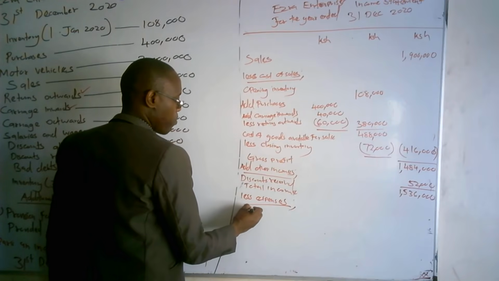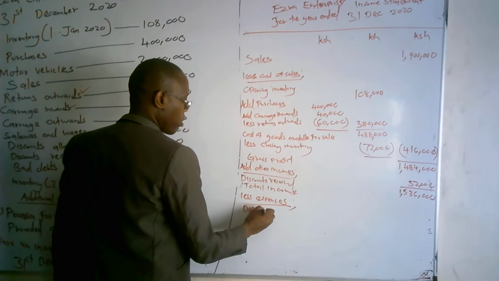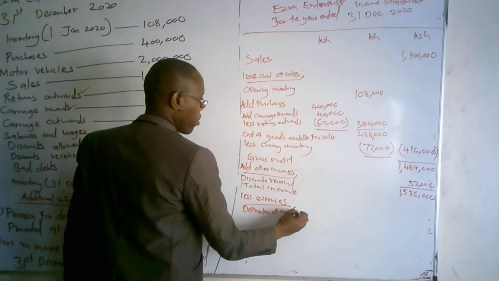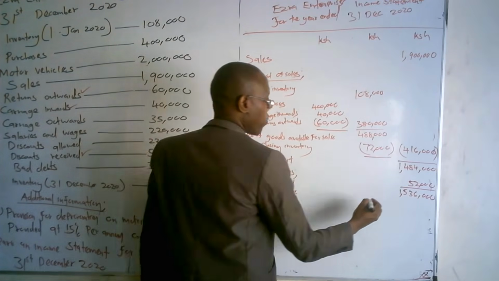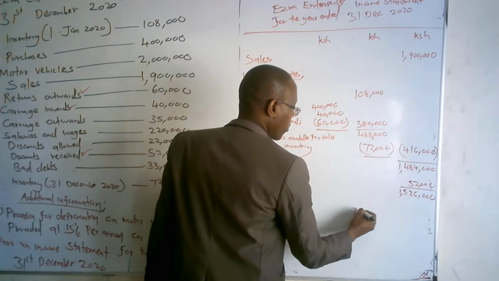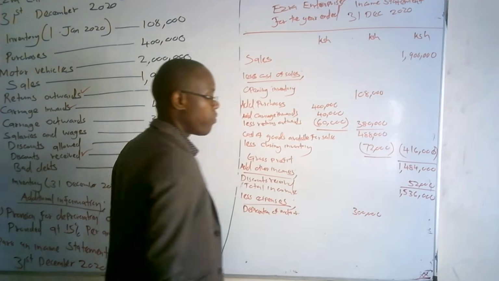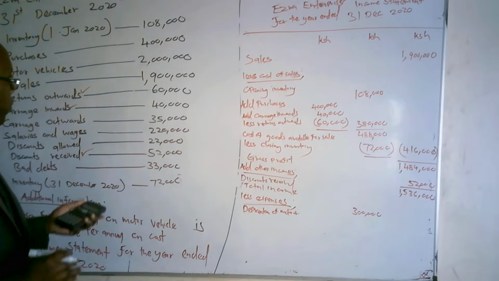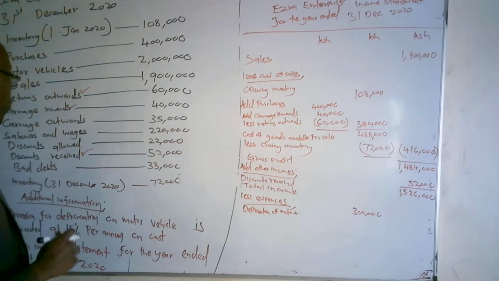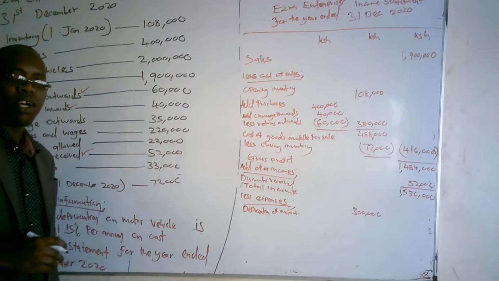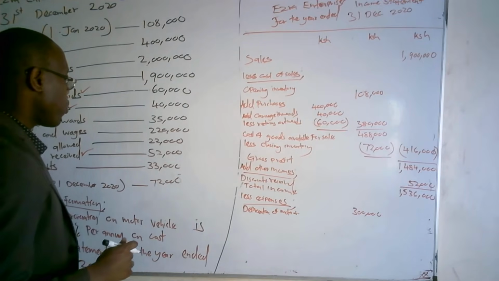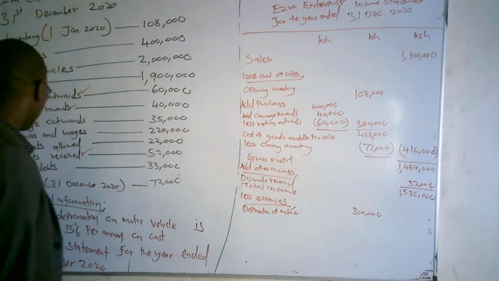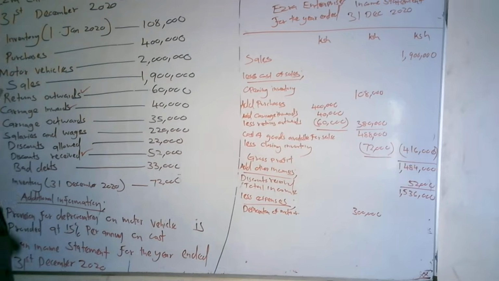So I can say depreciation of motor vehicle. You can remember that depreciation was 300,000. It will be captured here, which was 15% of actually that 2 million. And we arrived at 300,000. So depreciation on the motor vehicle will be that 300,000, and we are going to have discounts allowed.